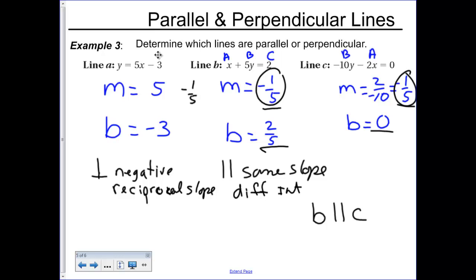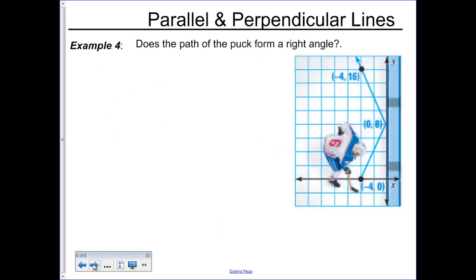I don't really care what the y-intercept is on perpendicular lines as long as their slopes are negative reciprocals. So we could say that line A is perpendicular to line B, and line A is perpendicular to line C. So B and C are parallel to each other, and line A is perpendicular to both.